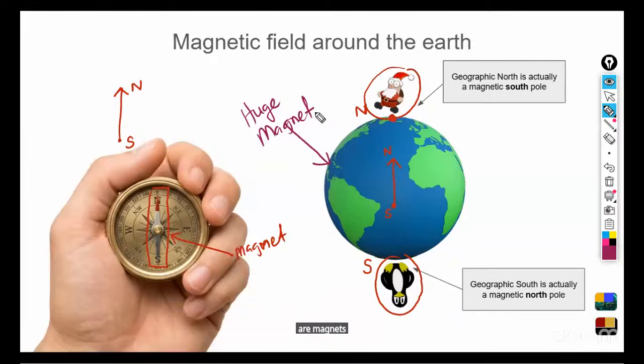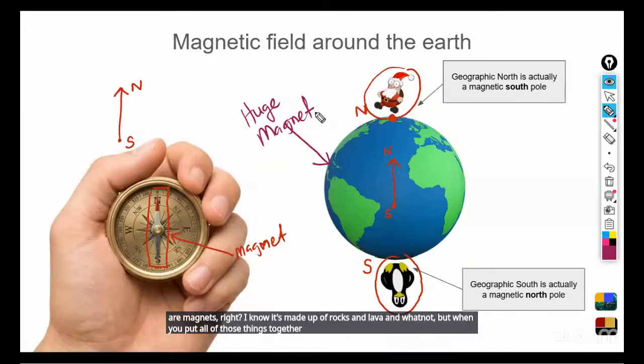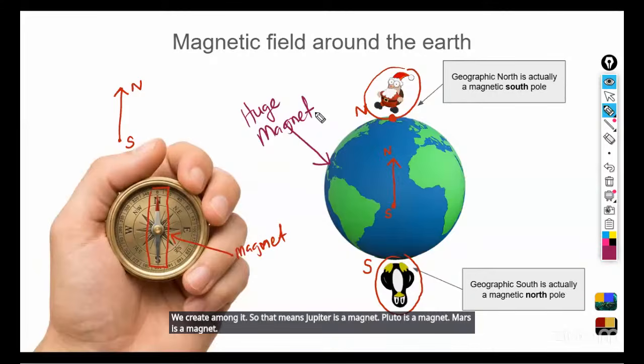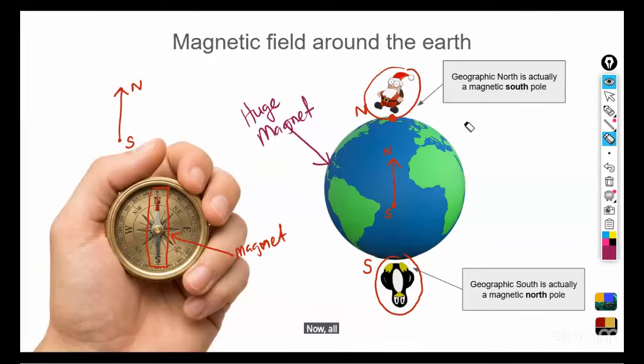I know it's made up of rocks and lava and whatnot, but when you put all of those things together, it just happens. We create a magnet. So that means Jupiter is a magnet, Pluto is a magnet, Mars is a magnet. Now, all magnets must have what? A North Pole and a South Pole, right?